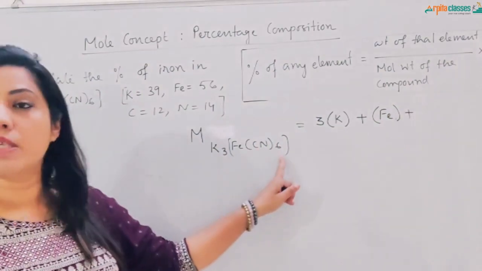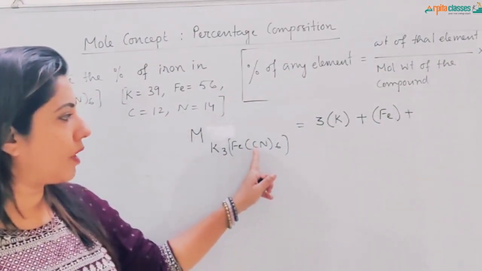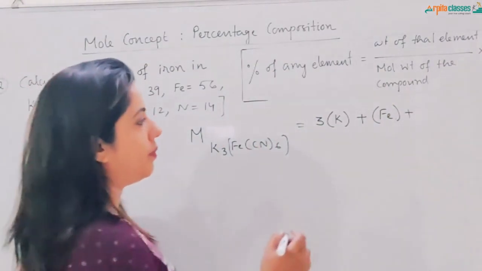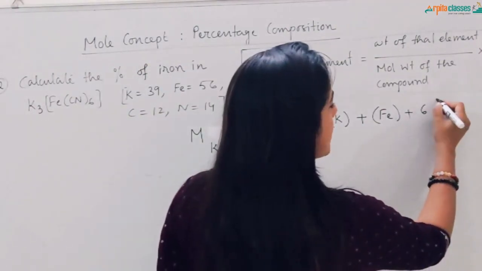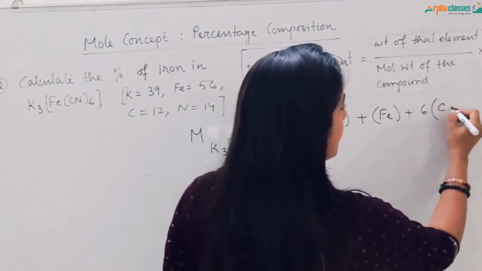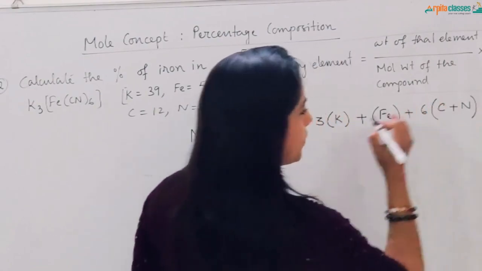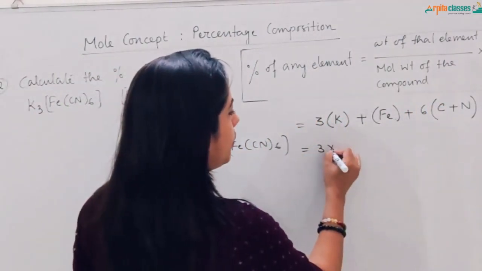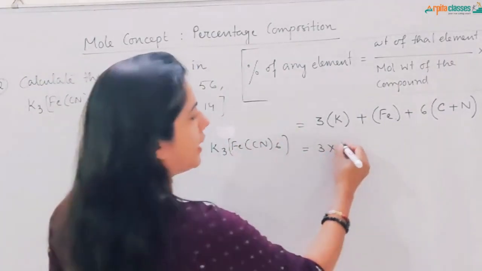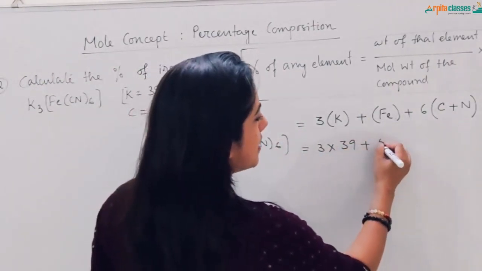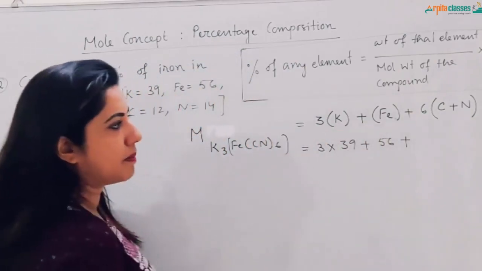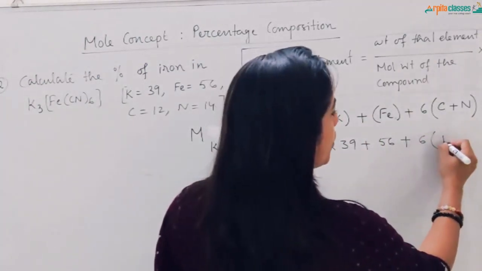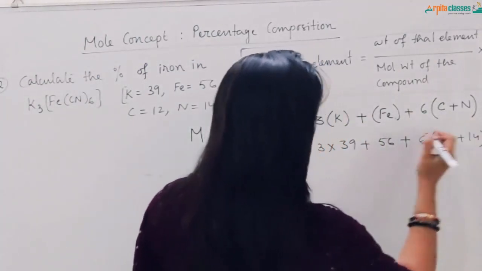Now CN6, that means 6 into atomic weight of carbon and atomic weight of nitrogen. So I will write it this way, 6 into atomic weight of carbon plus atomic weight of nitrogen. Okay. So 3 into your potassium is 39 plus iron is 56 plus 6 into 12 plus 14.